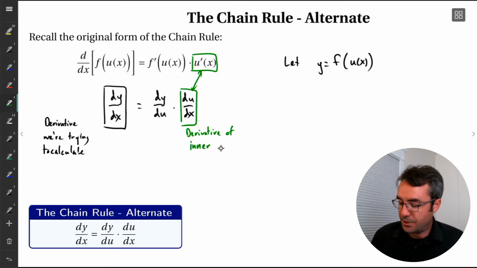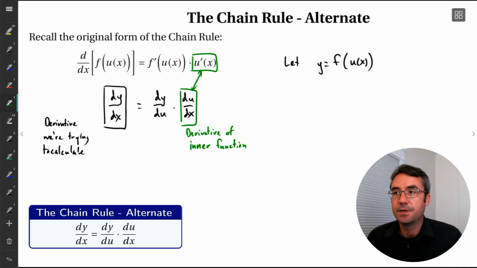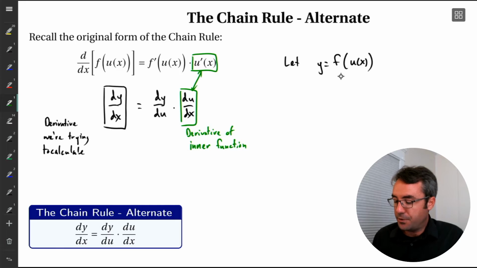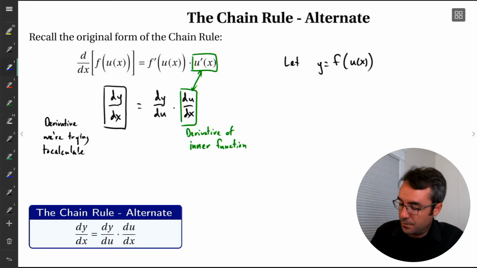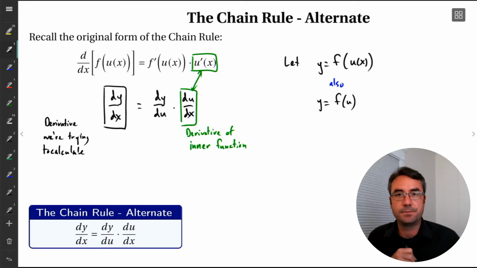And this dy/du, that's the derivative of our outer function. So when we think of y in terms of these two functions, f of u of x, we could think of y as a function of x, but if we consolidate this inner function, we can also think of y as just a function of u, just the outer function part.